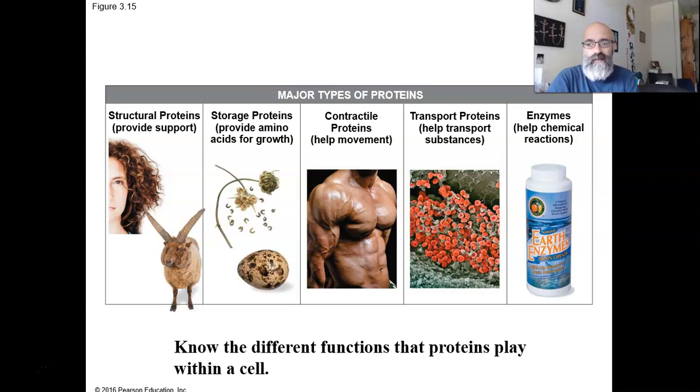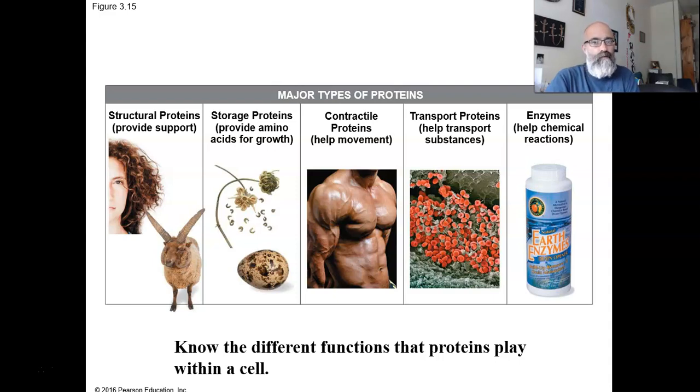The proteins are what make up things like hair and nails, antlers on the sheep on the bottom. They are storage proteins. So in an egg, the egg white is called albumin. That's what the growing embryo draws its energy out of to build the new body. It takes the protein amino acids from the albumin and builds its body.